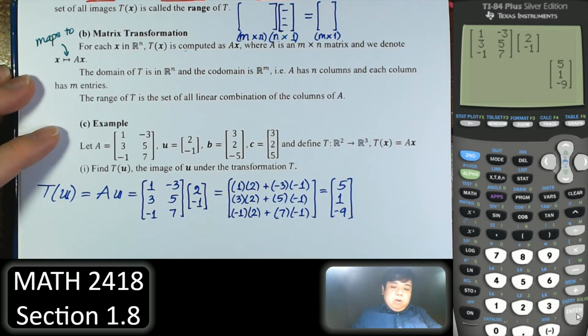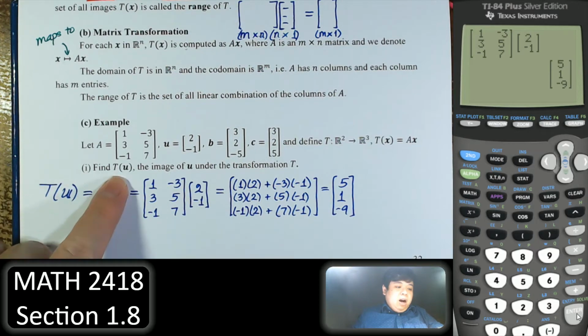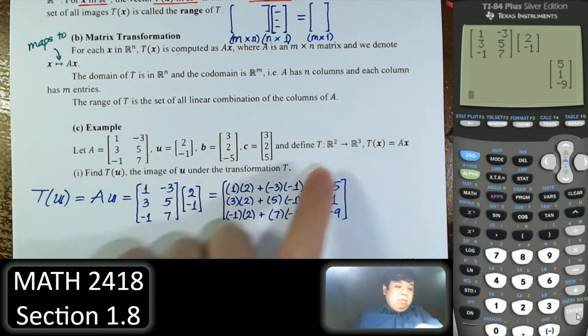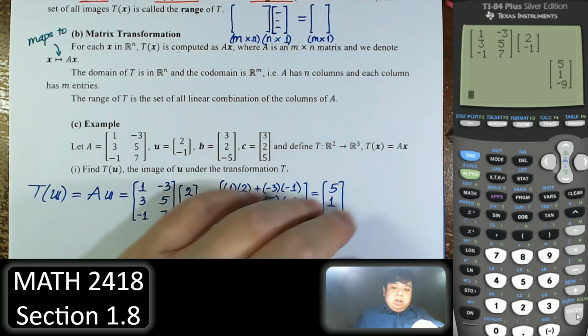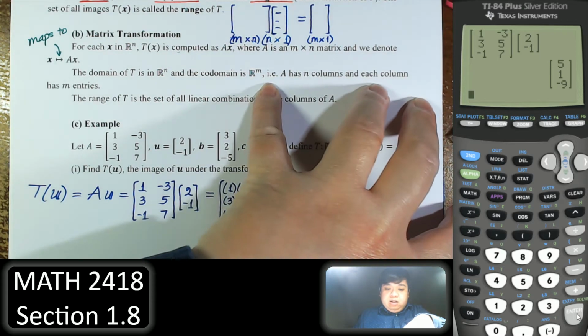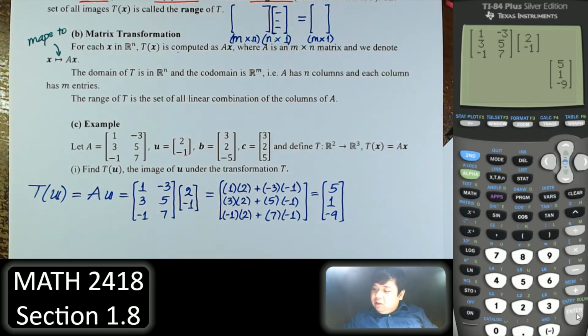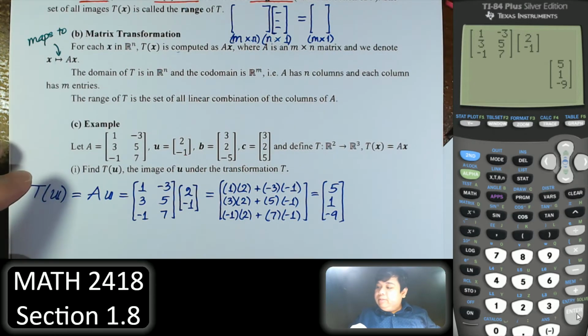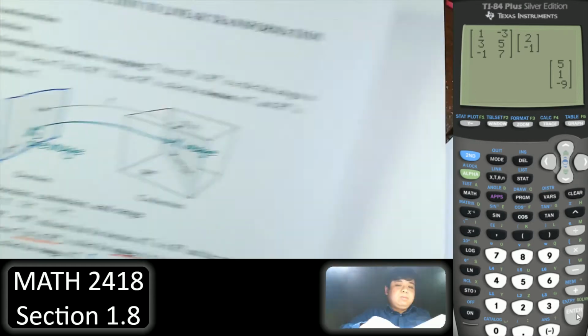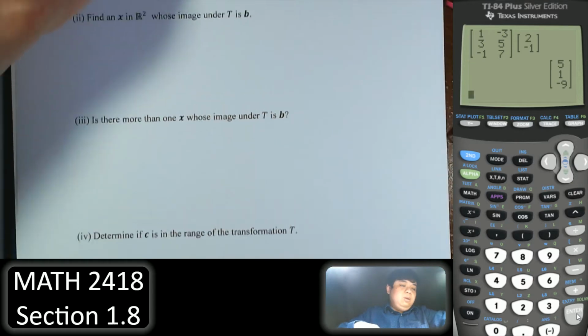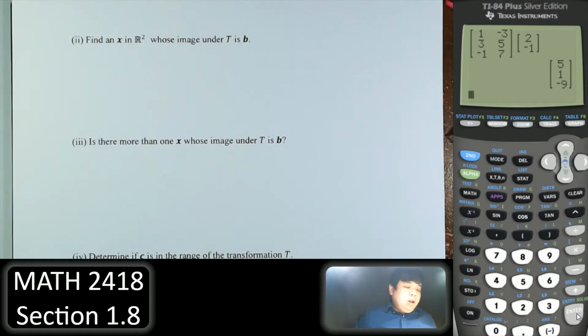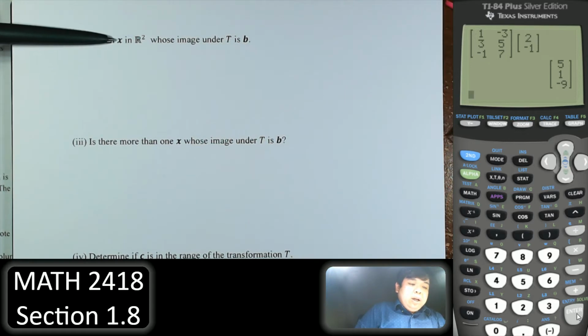Right. So the transformation of a vector defined by a matrix, we just take the matrix times the vector. Now, find an x in R2 whose image under T is b.